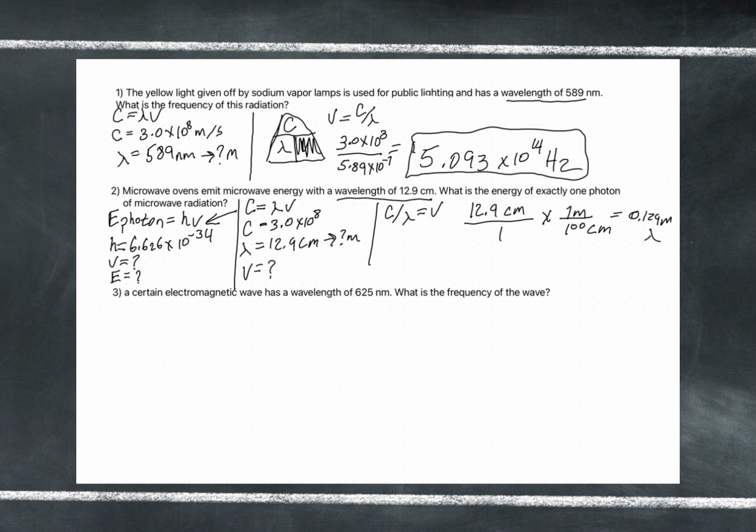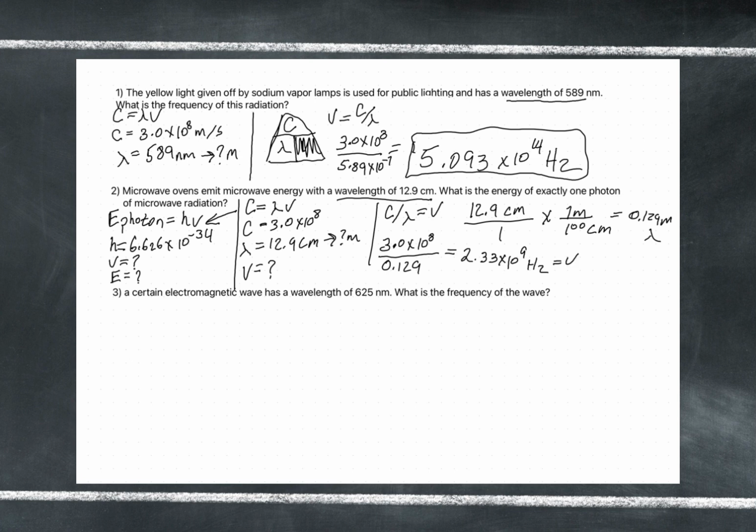So I'm going to take that now over here and do my speed of light, which is 3.0 times 10 to the 8th divided by 0.129, and that's going to give me my frequency of 2.33 times 10 to the 9th hertz. So that's going to be my v.